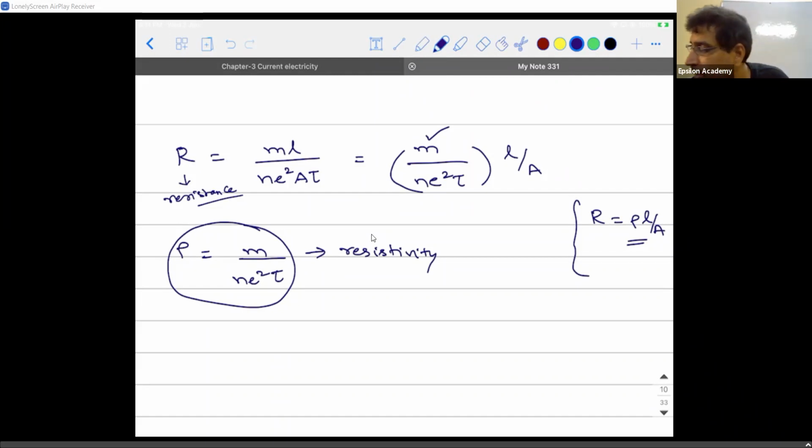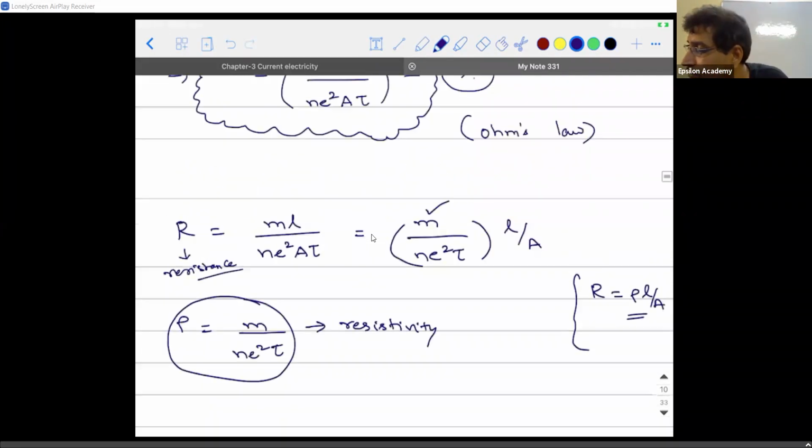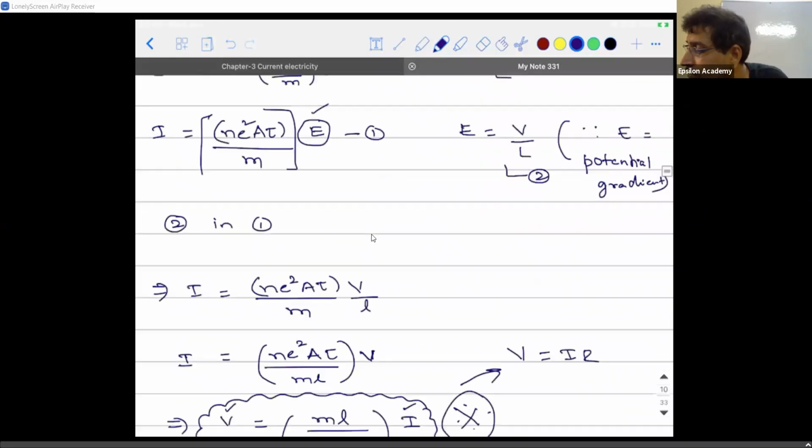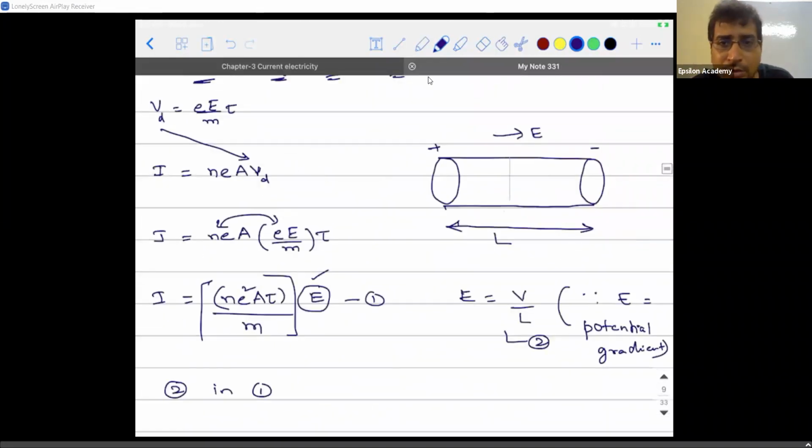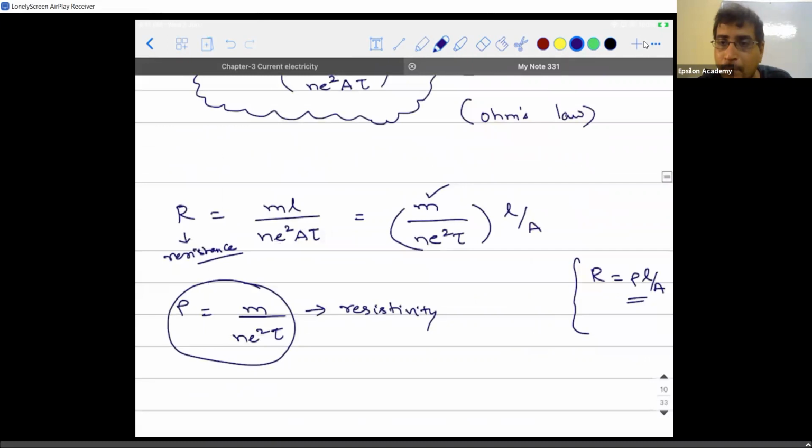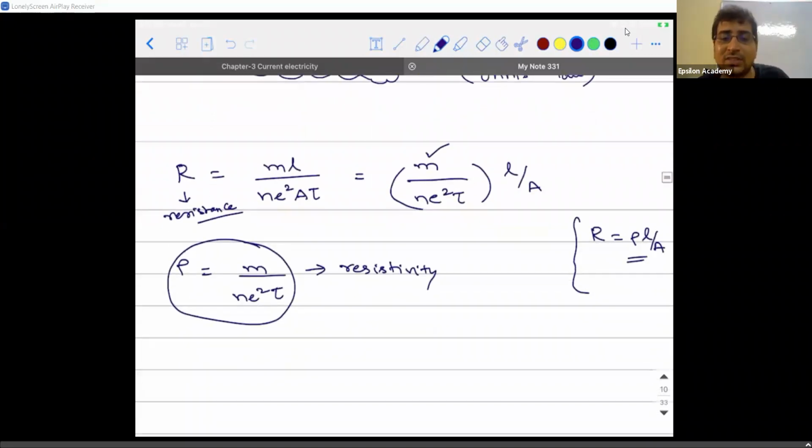I didn't use R naught anywhere. So the question I got is, are R and R naught the same? No. R is resistance, rho is resistivity.